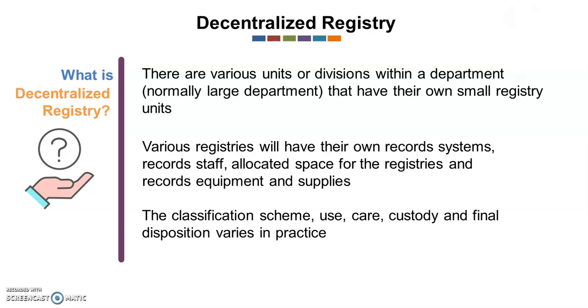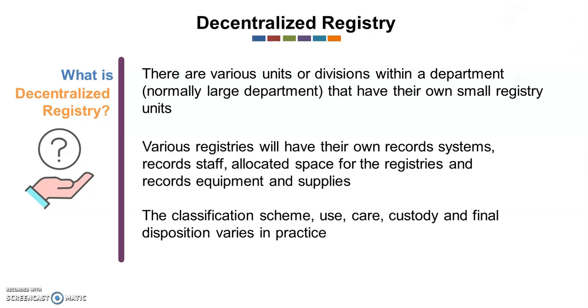The care will also be different, according to the policy and procedures in that particular department. And definitely the custody, or the ownership, of the records will depend on the department. For example, records related to human resources will belong to the human resource department registry.